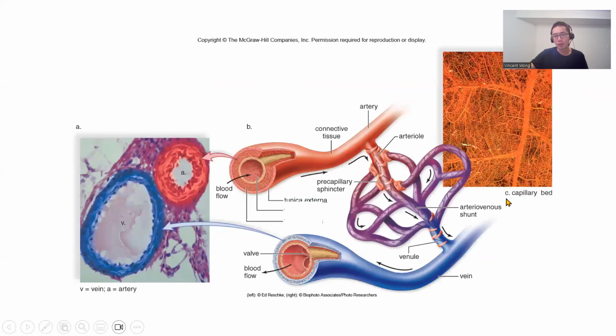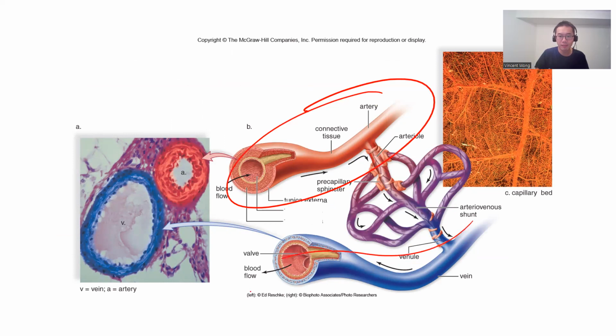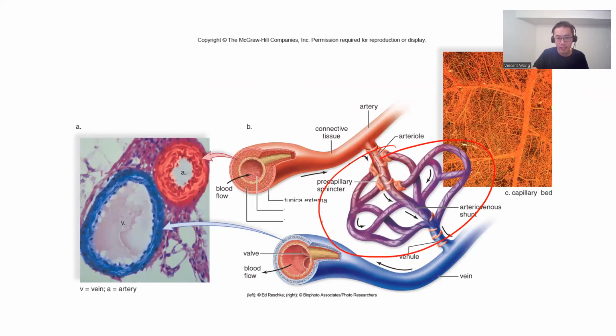So I'll show you this picture. Okay? So we have an artery here and we have a vein here. And then we have a capillary network in between. So normally, this is what happens. The blood comes in, okay?